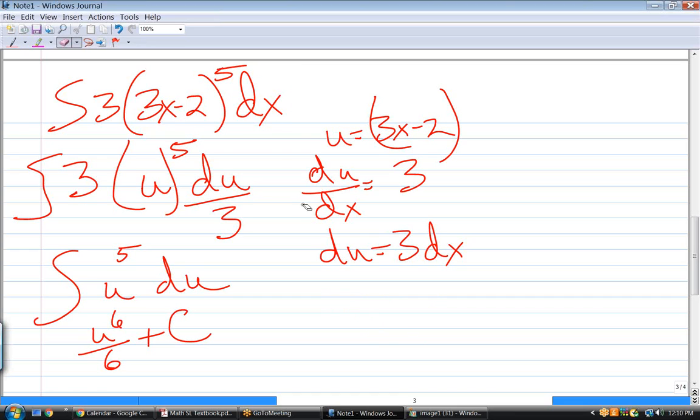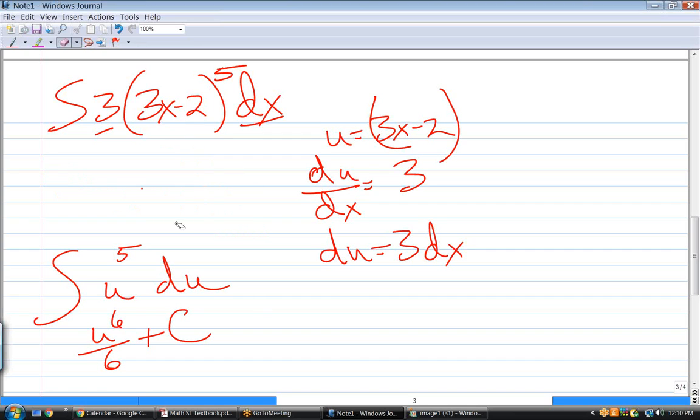If I look at my integral, I'm looking at 3 dx right there, just not next to one another. But the associative property still holds. So I can immediately say u to the 5th du. Why? Because the 3 dx is equal to du. So it kind of saves a step.